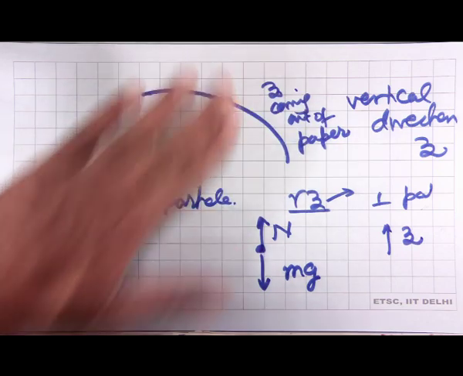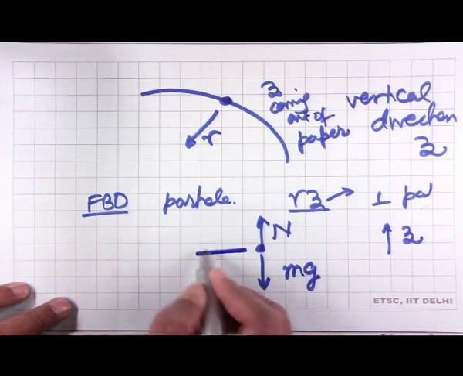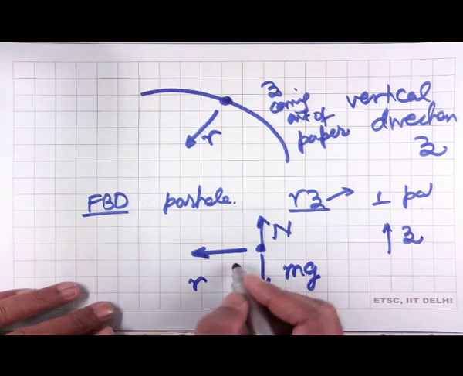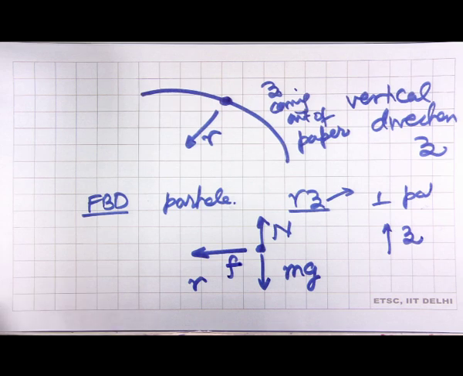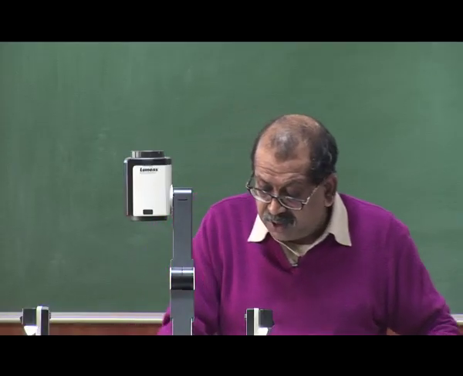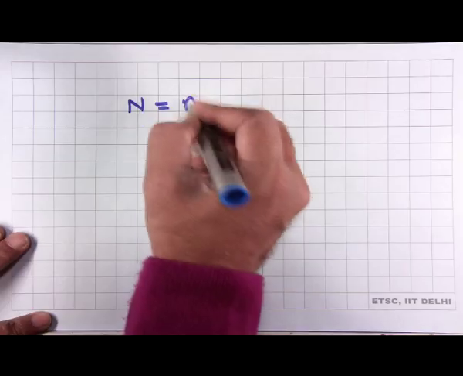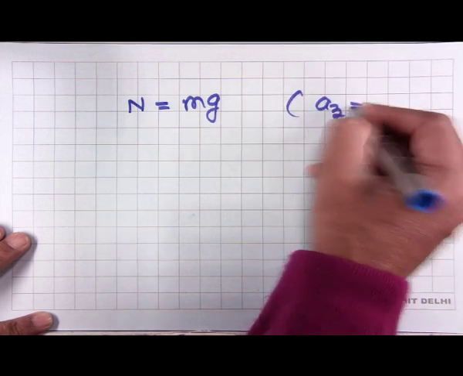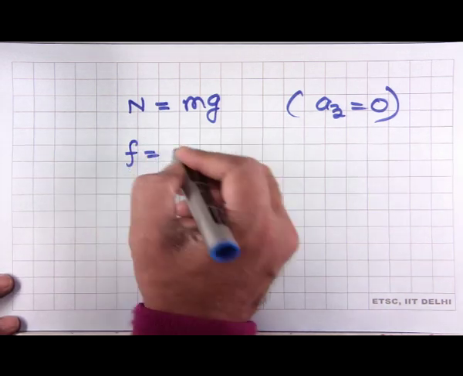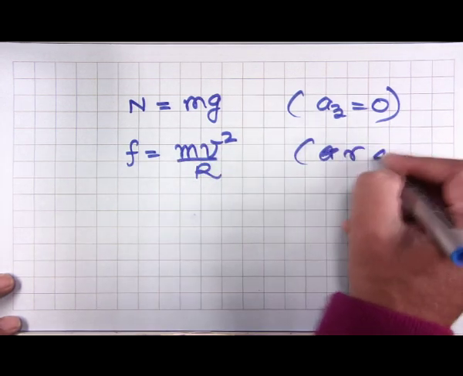So, I am looking at a view perpendicular to the paper, and towards the center in the R direction there has to be a friction force acting on the wheels. When I now write my equations, N is equal to mg, because there is no acceleration in the Z direction, and the friction force has to be equal to mv square upon R in the R direction.